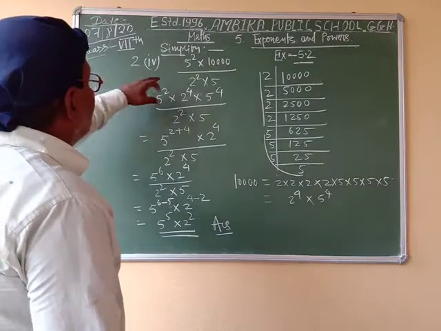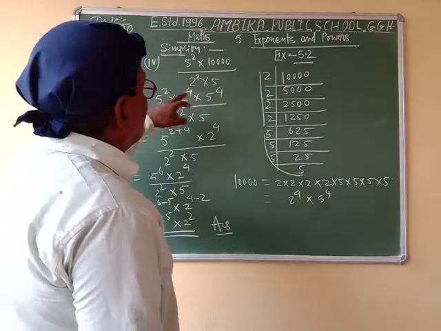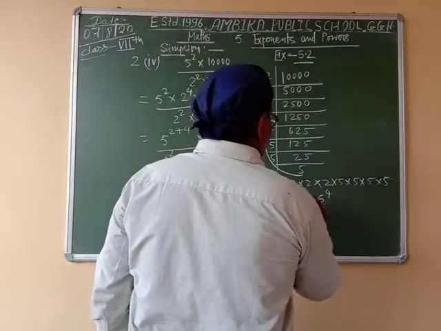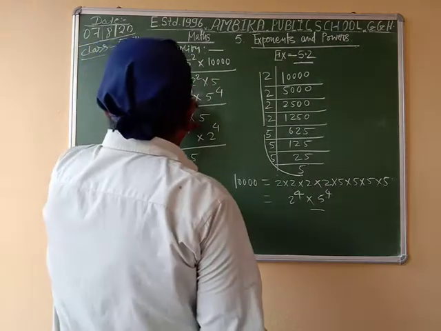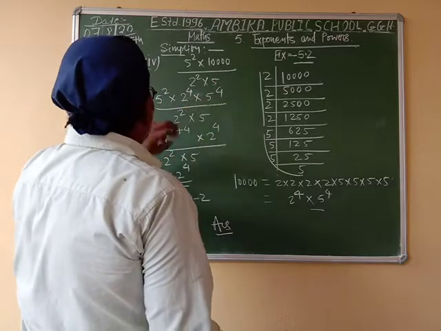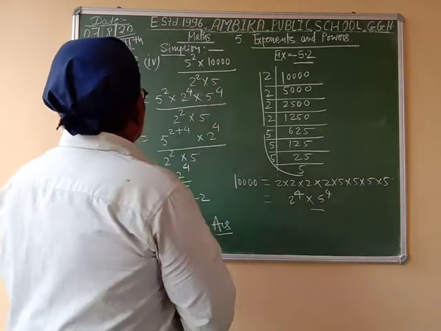Here we are given 5 square into 10,000 by 2 square into 5. Factorizing 10,000, we have 2 to the power 4 into 5 to the power 4. So we write 2 to the power 4 into 5 to the power 4 in place of 10,000 divided by 2 square into 5.